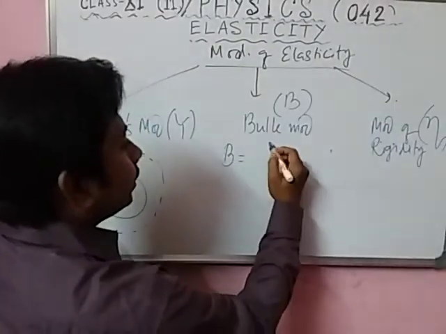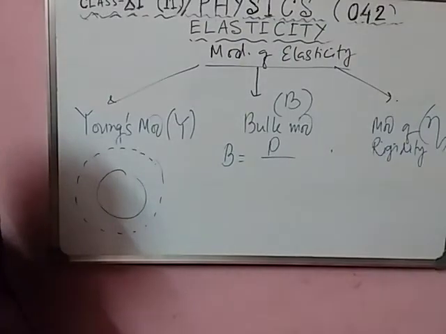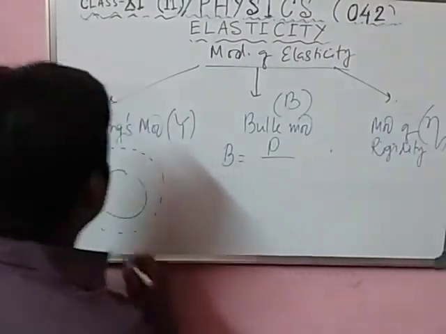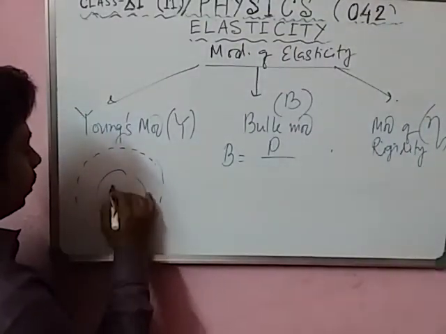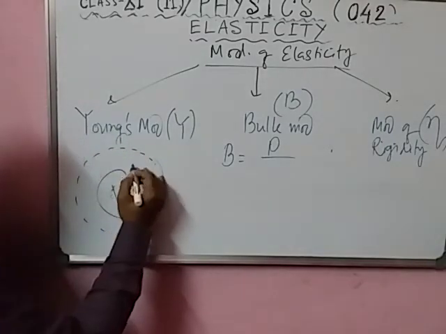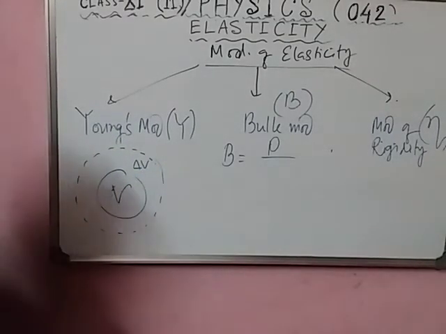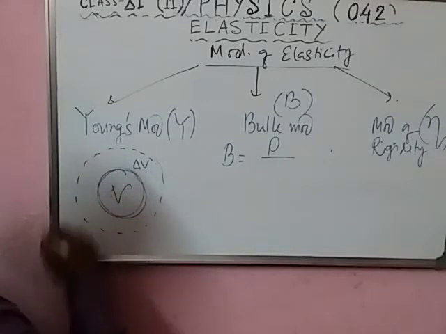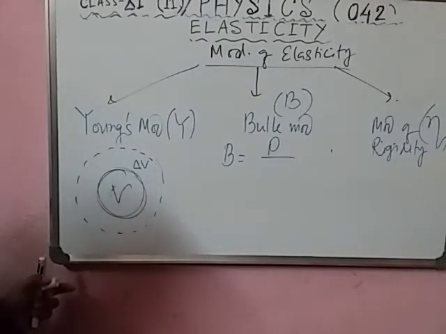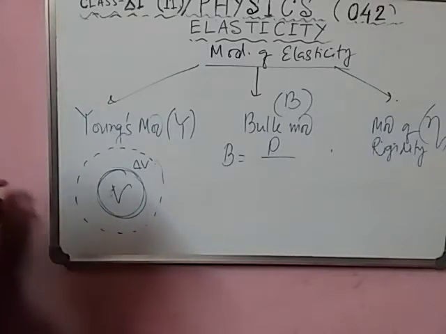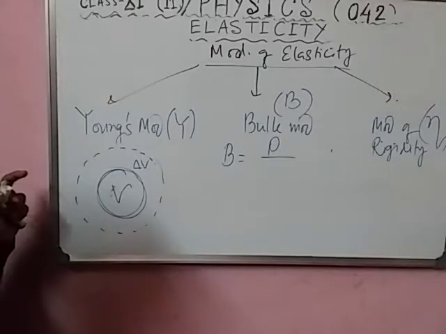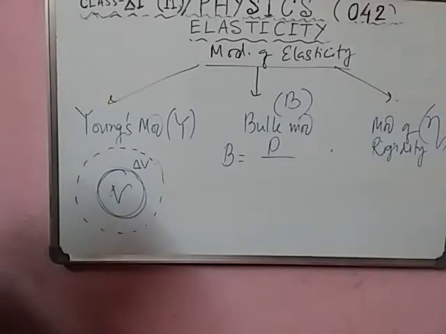So we can write pressure in place of stress, and in place of strain, suppose this is the original volume and the change of volume is delta V. If pressure is given from outside, then the volume will decrease by delta V. If the pressure is released, then volume increases.